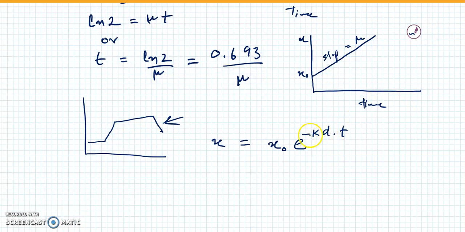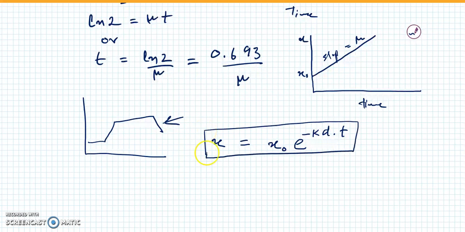This negative sign represents the decrease in biomass due to the depletion of the nutrients.